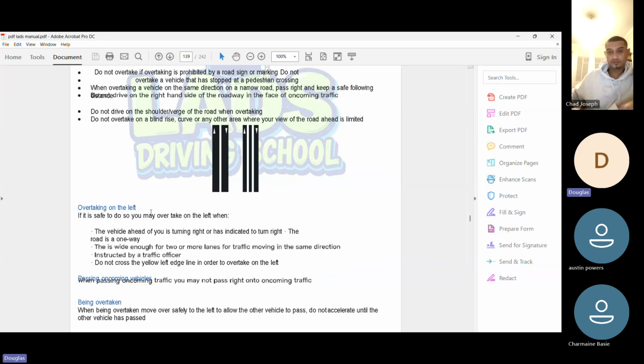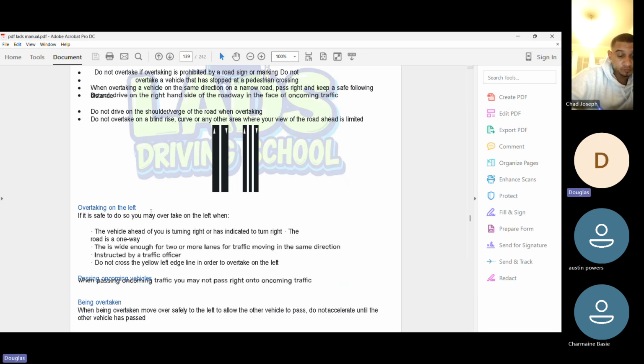Also, you are allowed to overtake on the left if it's a one-way road. So meaning there's no oncoming traffic, and there's two lanes going one direction. Then you are allowed to overtake on the left because there's two lanes that allow you to do that and there's no oncoming traffic. You're also allowed to overtake on the left if the road is wide enough for two or more lanes for traffic moving in the same direction.